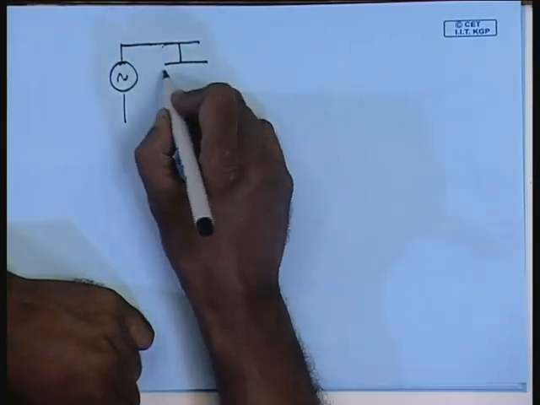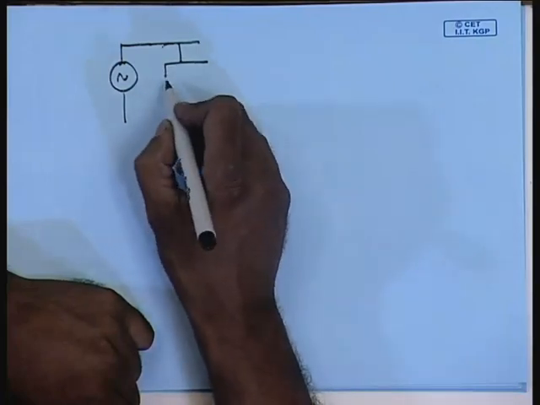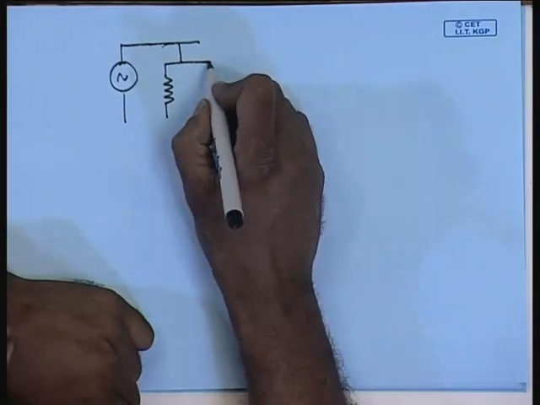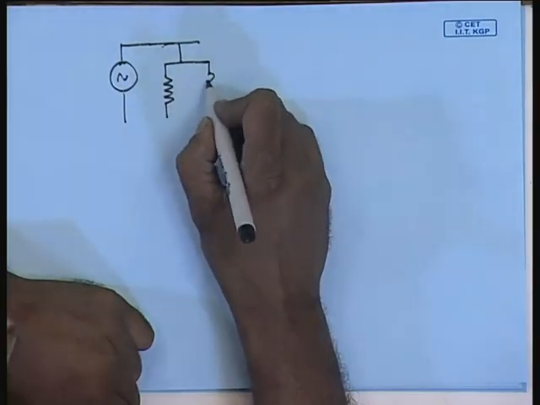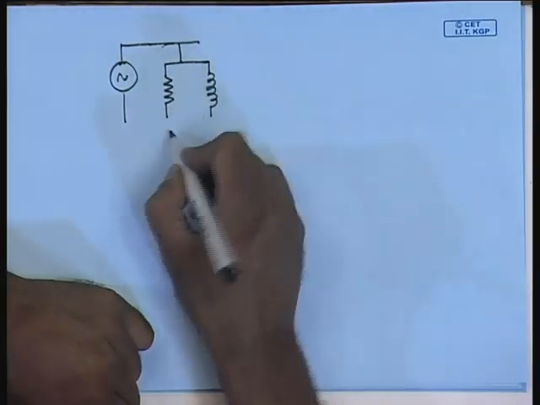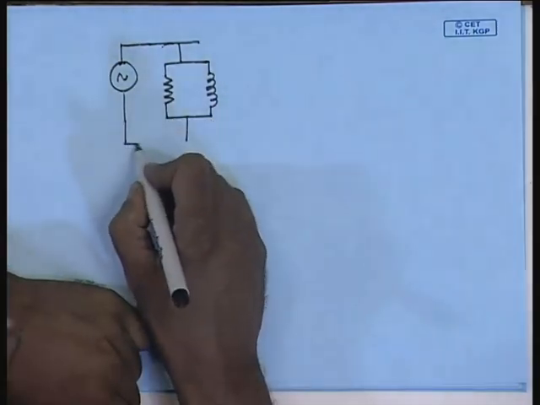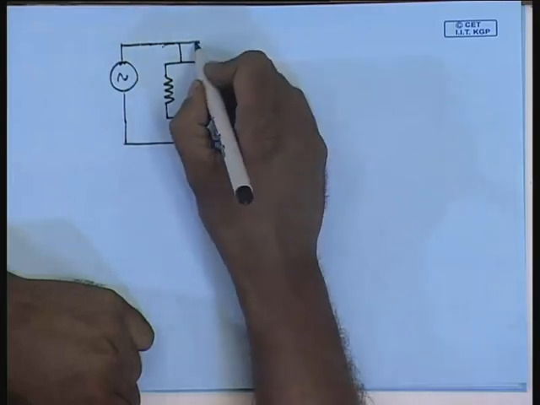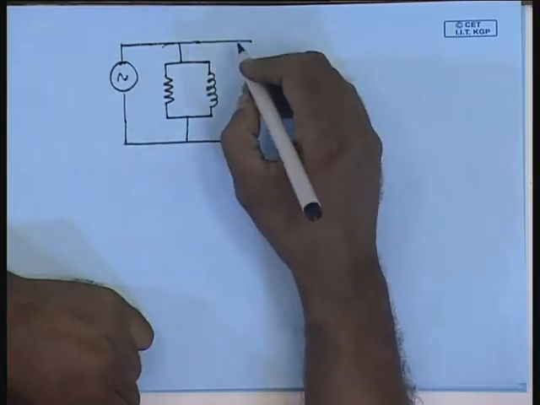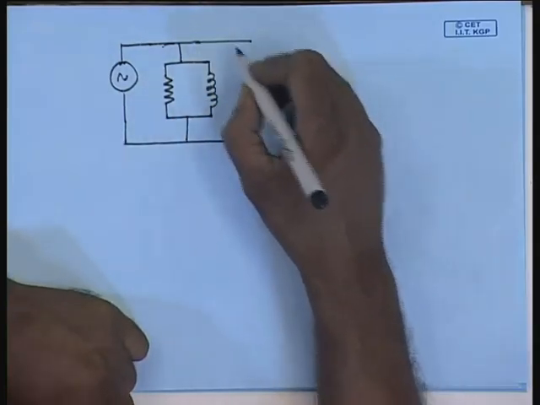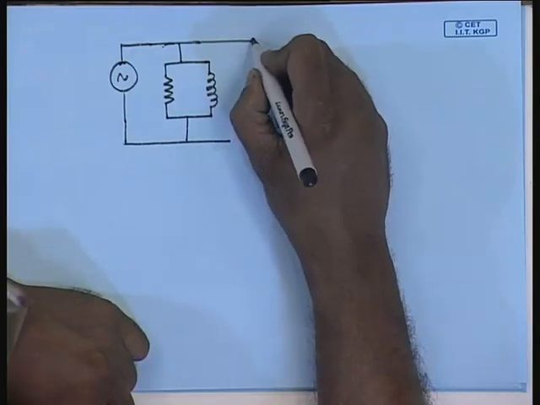Here in the approximate equivalent circuit, the magnetization branch is connected right across the source, and the primary impedance and secondary impedance are connected together.